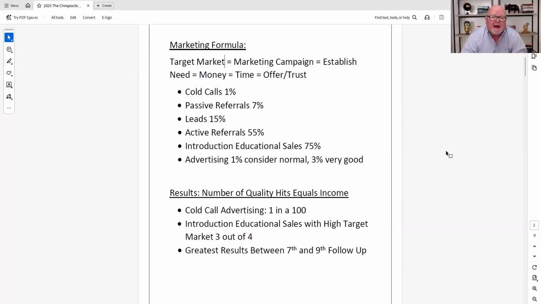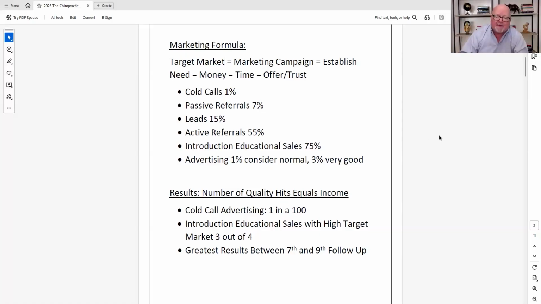And that's the big dichotomy in marketing. It's skill versus paying money. That's from what works the best, skill and proactively doing it, to what works the least, which doesn't take any knowledge or skill, but you've got to spend money. That's the huge dichotomy. And then there's the combination in between. And then, of course, introduction, educational sales.